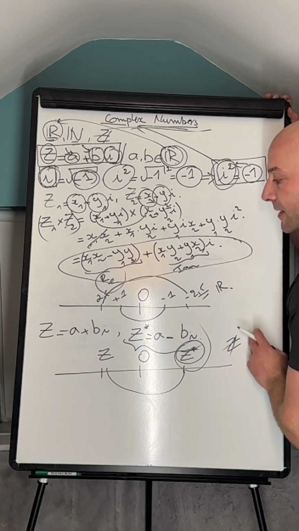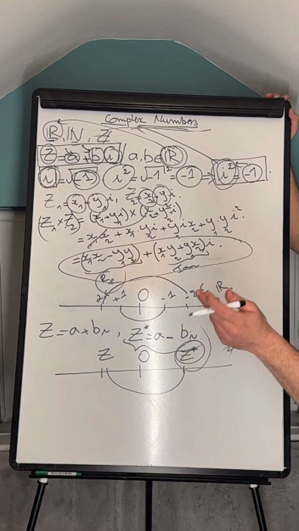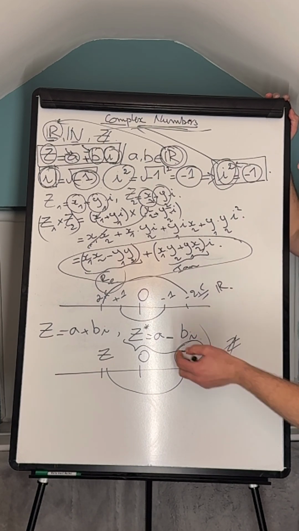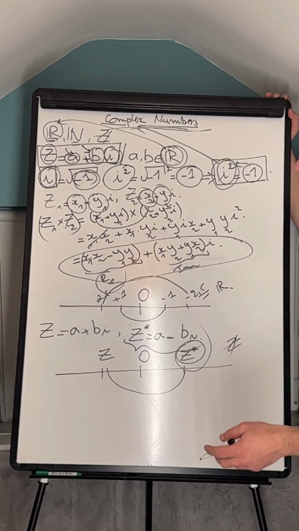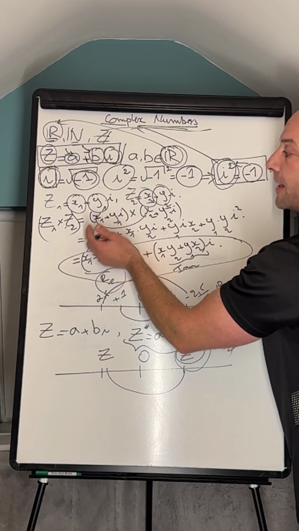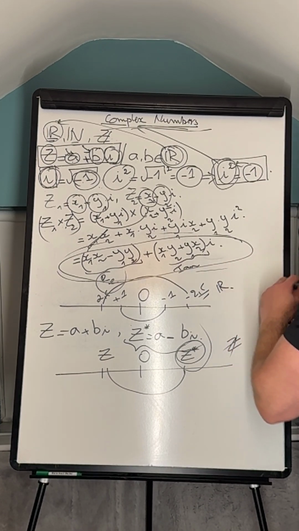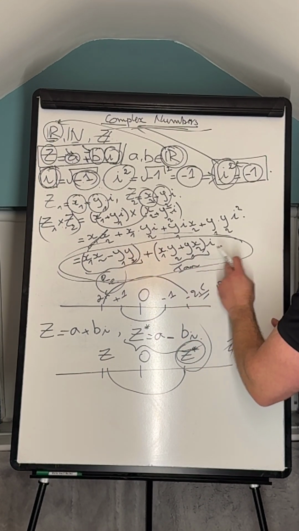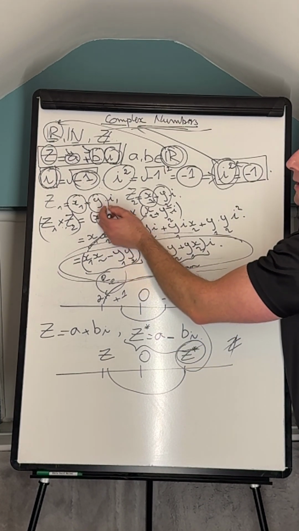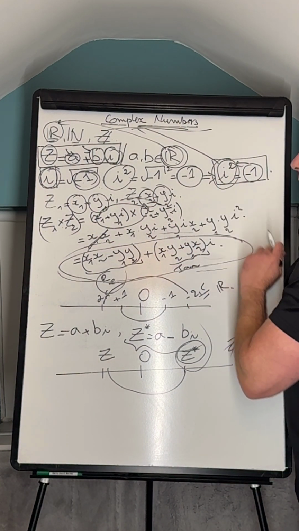For multiplication, what we have to do is basically distribution, and you end up with this formula again, a real number plus an imaginary number. But you can multiply between reals and imaginary numbers, unlike the addition.